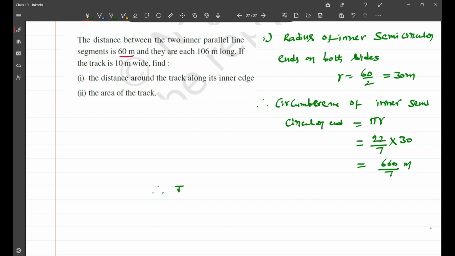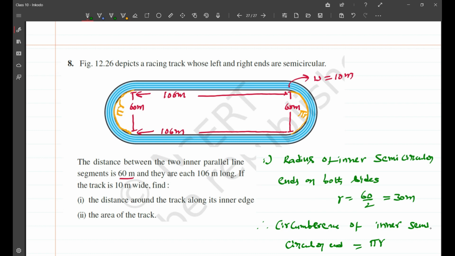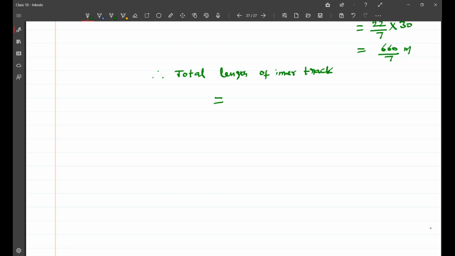Therefore, total length of inner track is equal to, length of parallel sides is 106 meter. So total length of inner track equals 106 plus 106 plus 660 upon 7 plus 660 upon 7, because there are two semicircular ends.